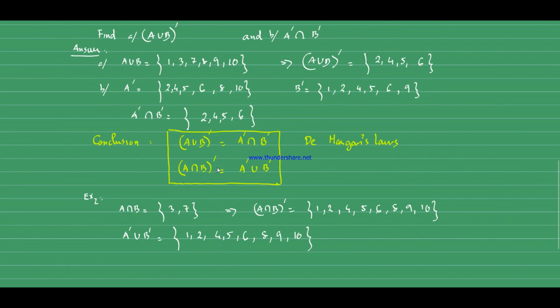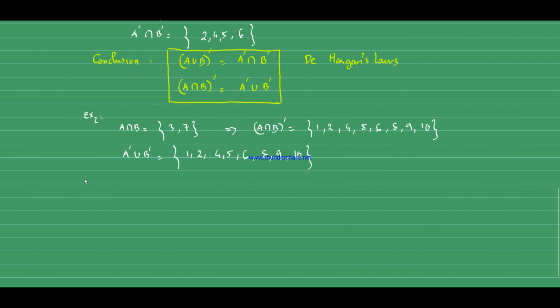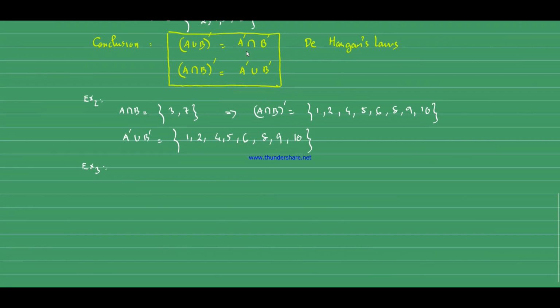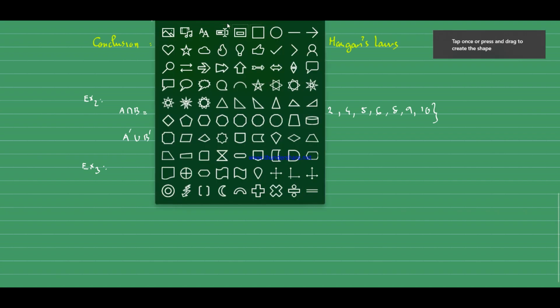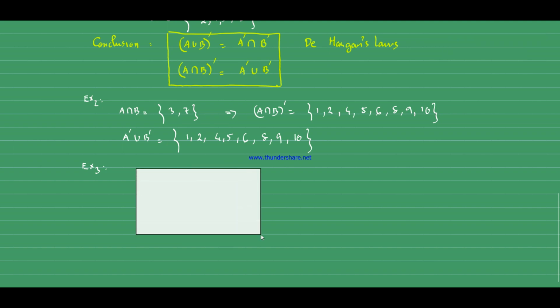Now, what if I have example 3? In example 3, I'm going to give you a Venn diagram. So I'm going to draw the Venn diagram here. Let's see, I can draw a beautiful Venn diagram here. And I will draw two sets.